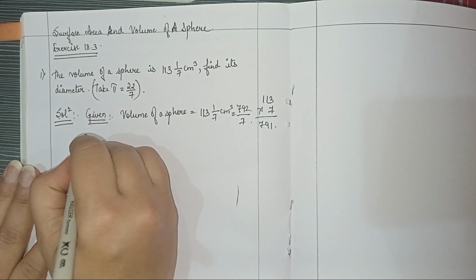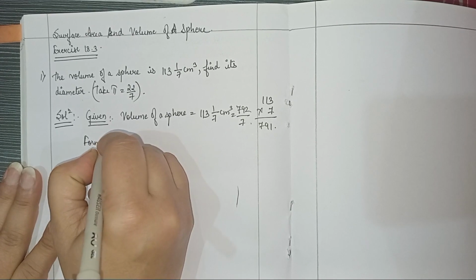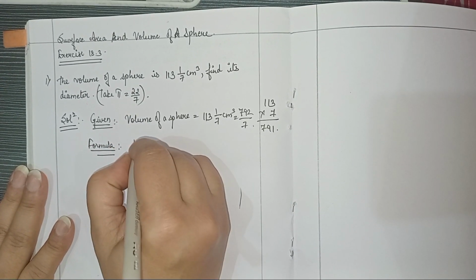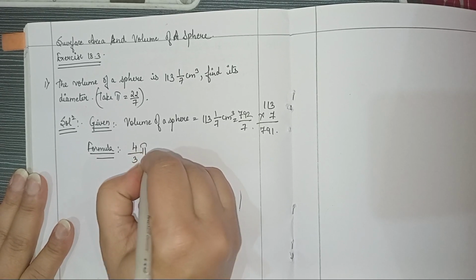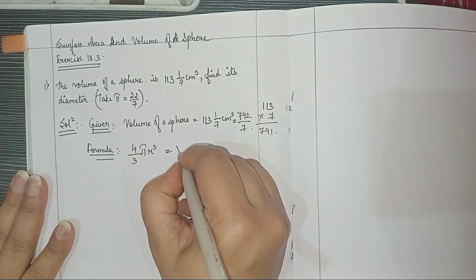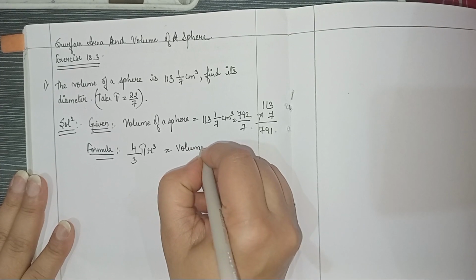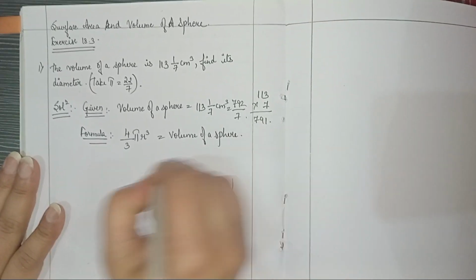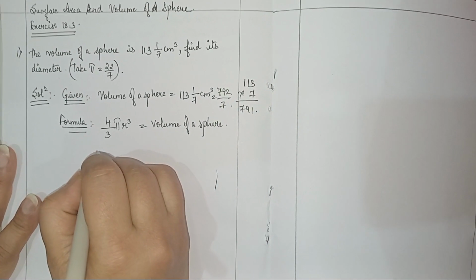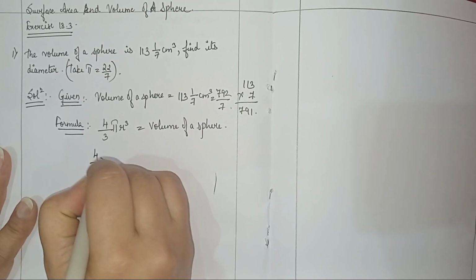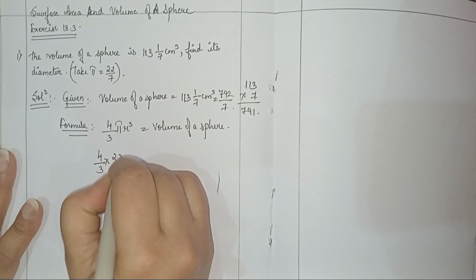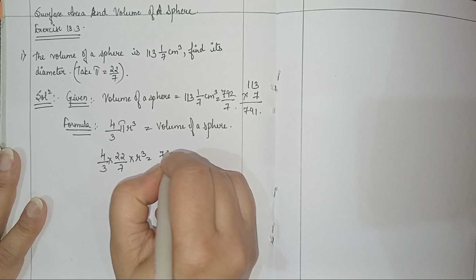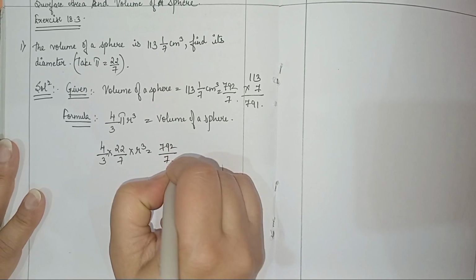So the formula here will be 4/3 pi r cube is the volume of the sphere. Okay, 4/3 into 22/7 into r cube is equal to 792 over 7.